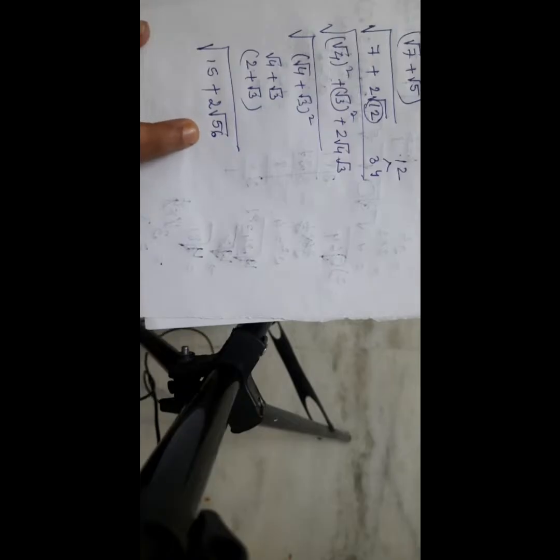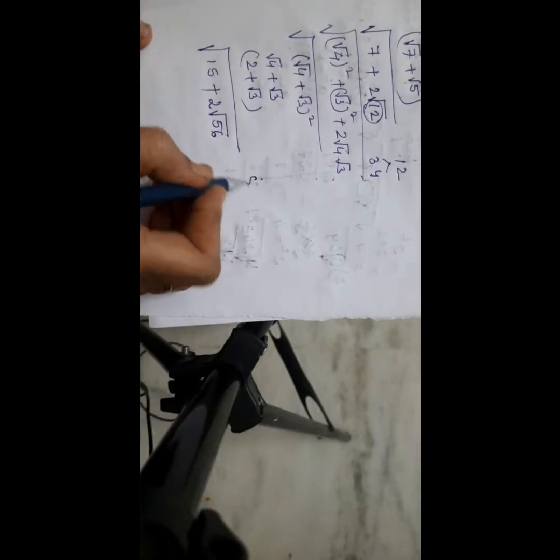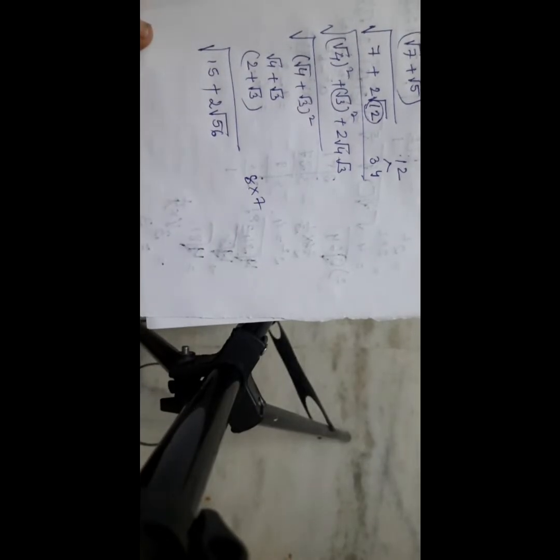Factors of 56, 7 8s are 56, and 7 plus 8 is 15. So you can think of the direct answer. By seeing the question itself, you can say the answer. 8 7s are 56. The final answer will be, if it is plus, root 8 plus root 7. This is the final answer. If there is minus, we'll put minus.